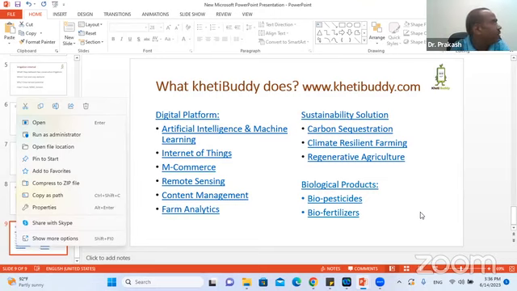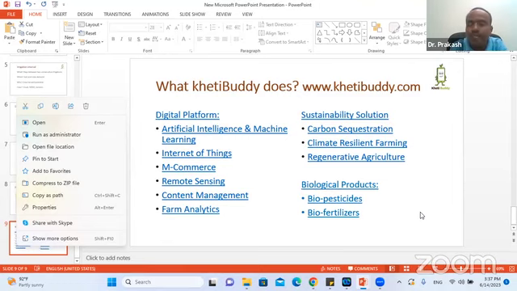Then there is content management. In content management, we have developed different crop schedules, which are based on the 4R concepts of nutrition. Then good agriculture practices, which are the missing links for deciding the proper growth of the plant as well as the potential of the yield.